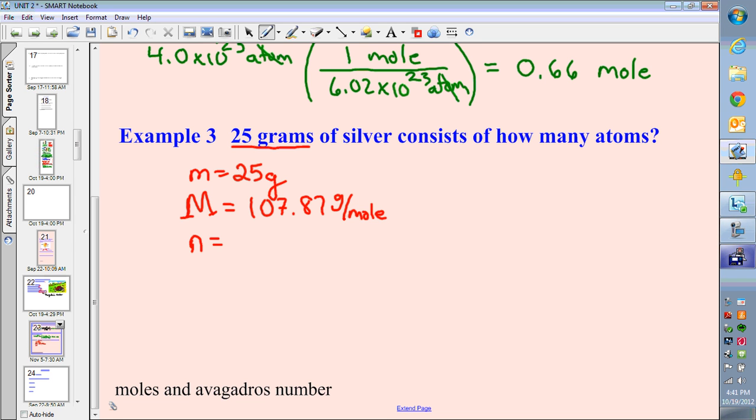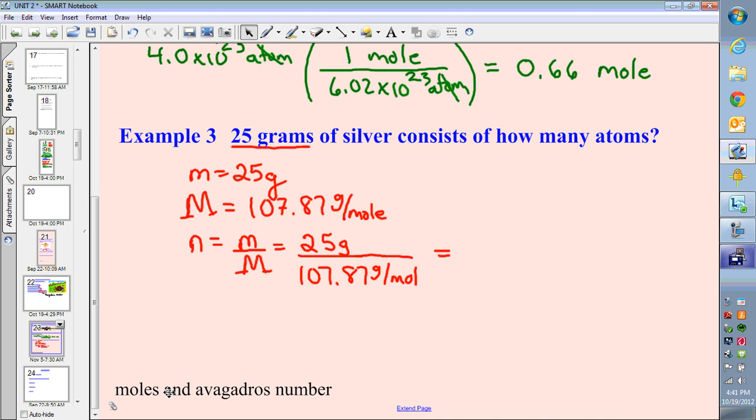Okay, so to get the number of moles, we take mass and divide by the molar mass. You take grams and divide by grams per mole. So 25 grams divided by 107.87 grams per mole is going to give us a number of moles.